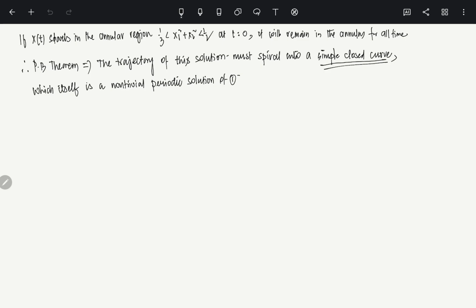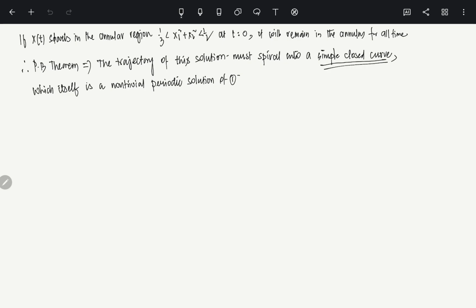Now the thing is this: is there a guarantee that there are always closed trajectories? See here, it is saying that it actually spirals into a periodic solution, so there is a closed trajectory which solves the equation. But is there a guarantee that there will always be a closed trajectory? In particular, is there a guarantee that there may not be any limit cycles?